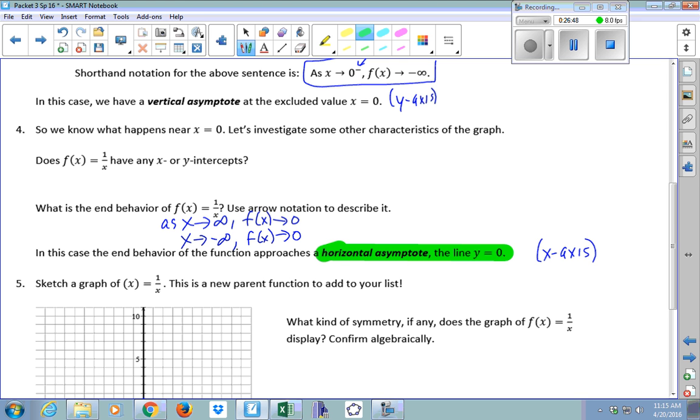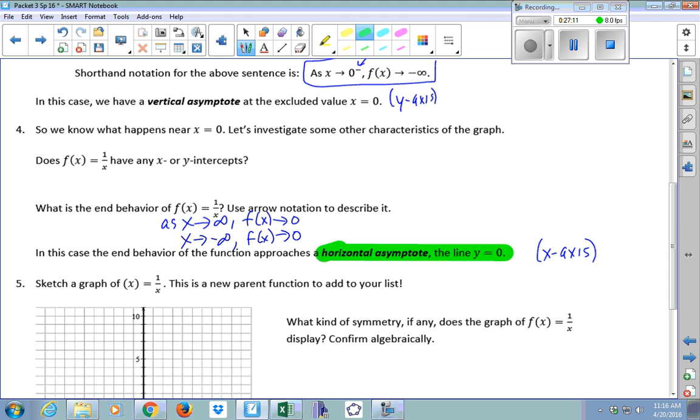Now the difference between rational functions and polynomials is that polynomial end behavior was either rising or falling to positive and negative infinity. That was your only choice. You knew at either end it was going to rise or fall.